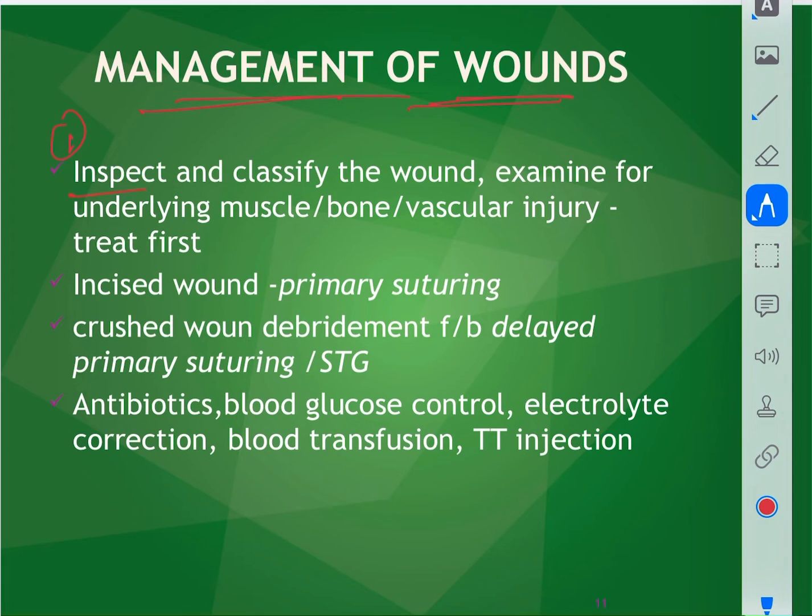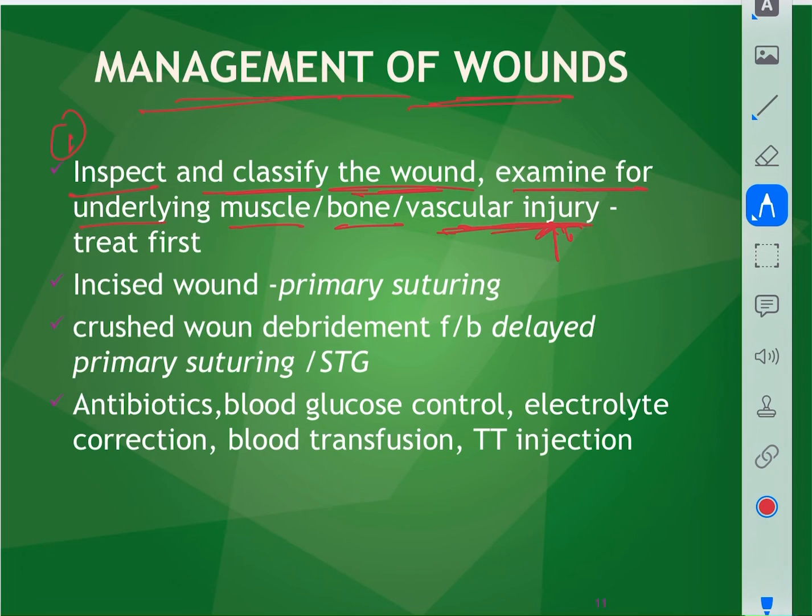First thing is to inspect and decide what sort of wound the patient has sustained. Not just that, you have to also examine for underlying muscle, bone, or vascular injury, which, if at all present, you will treat first before going on to cleaning and dressing the wound, right?